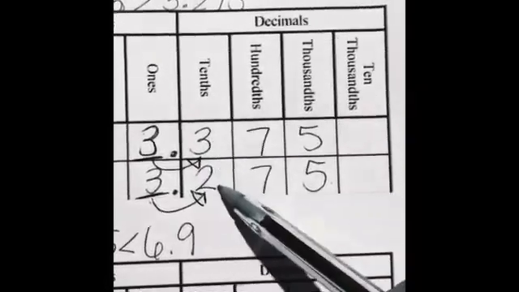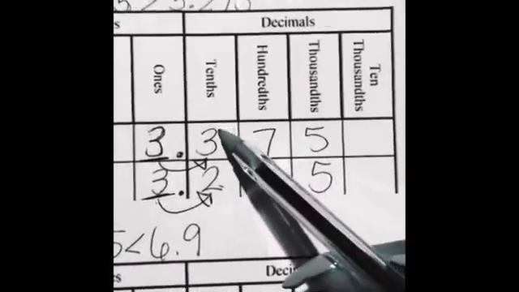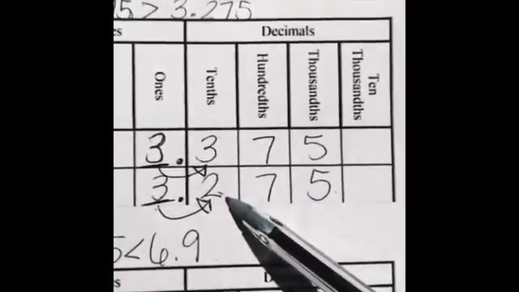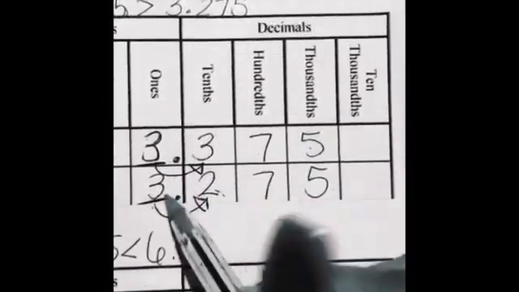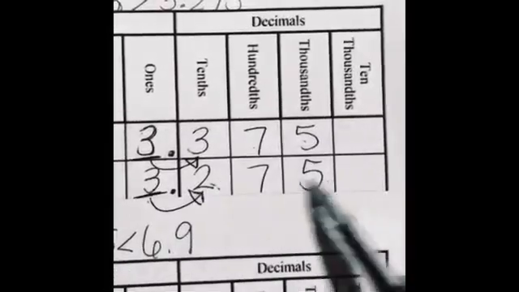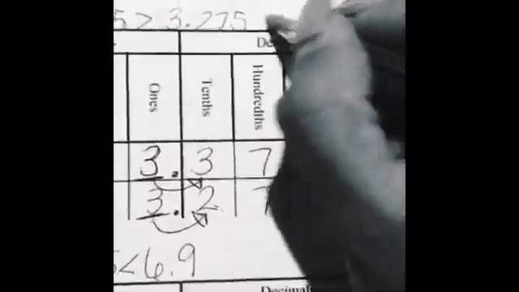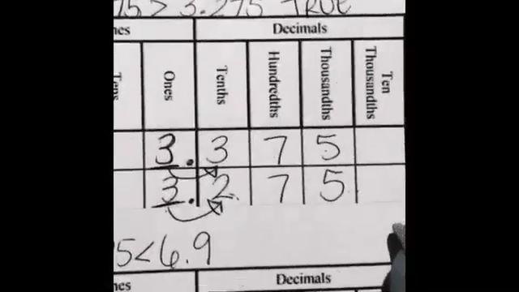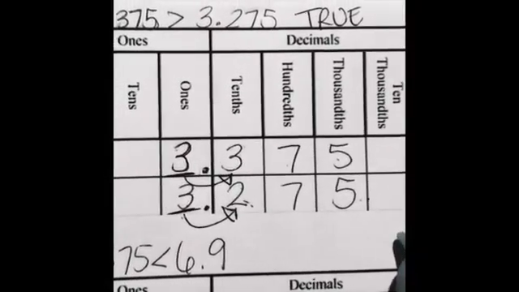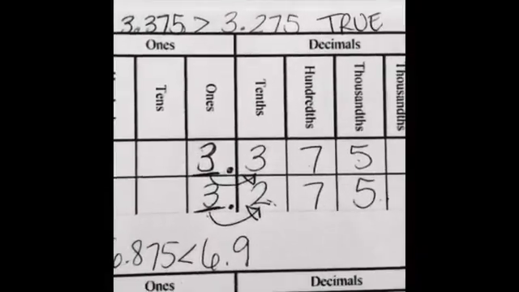So now I have a 3 and I have a 2. Well, I know that 3 is greater than 2. So that lets me know that 3.375 is greater than 3.275. So this answer is true. But we're not looking for the answer that is true. We want the answer that is not true, right?